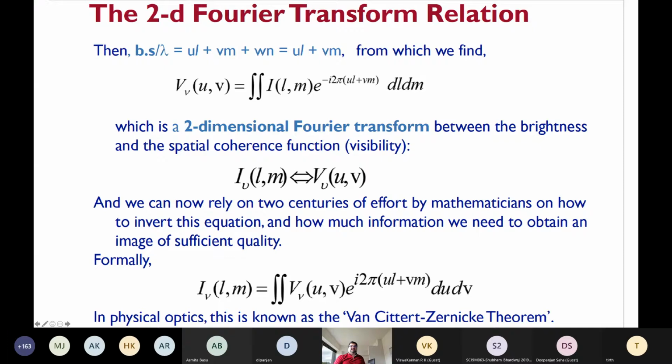So the visibility: I is the response from the sky for a particular source in a particular direction, and V is the measured correlation. So if we do the math, with some approximation about a small field of view, we deduce this to be a two-dimensional Fourier transform.